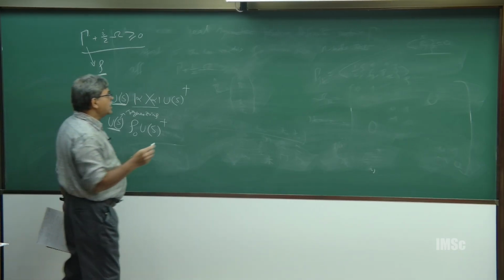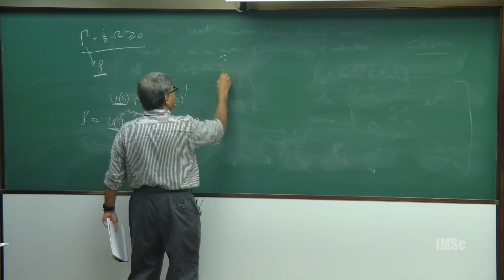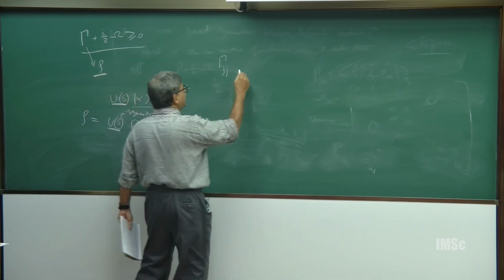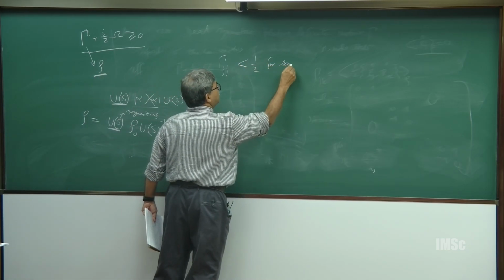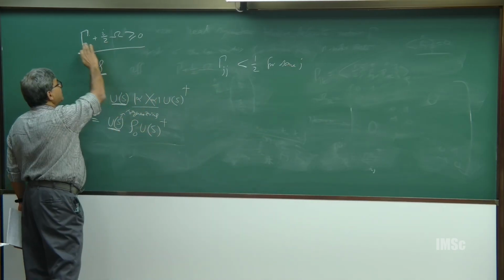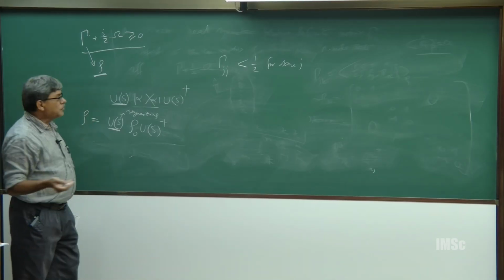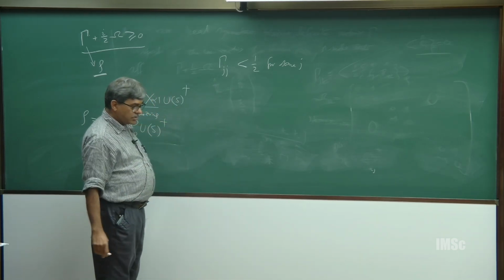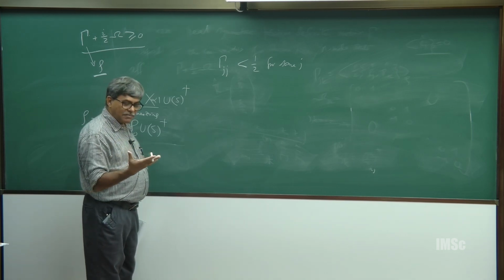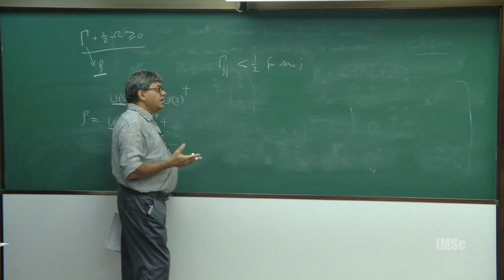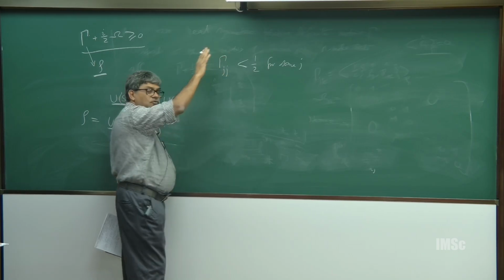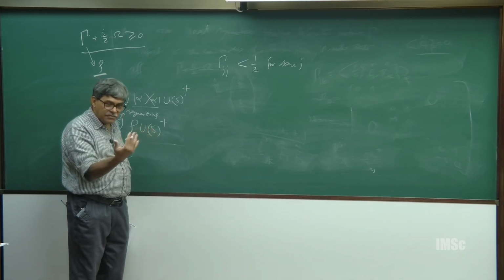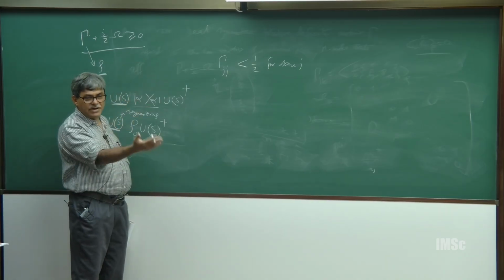So, if I look at the diagonal entries, let us say j j, of this gamma, and if I figure out that this is less than half for some j, of course this condition is satisfied, this is a real symmetric positive definite matrix, etc. If you remember the single mode squeezing case, the variance in one quadrature will become less than half, and in the other quadrature greater than half, right, for squeezing.